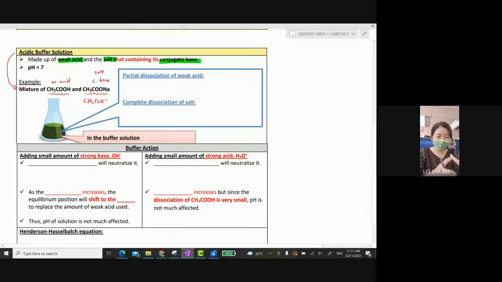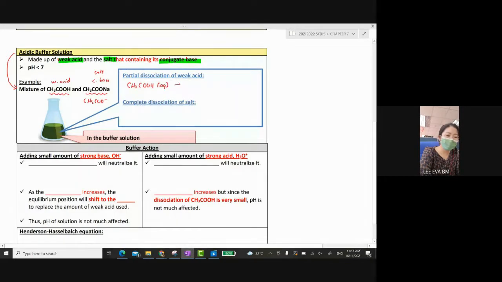Why do we say so? Look at the equation. So we have the partial dissociation of weak acid. Kena ingat weak acid partial dissociation ataupun dia punya dissociation is only very slightly. So dekat sini akan ada satu reversible arrow. So let's write this way. CH3COOH, the weak acid.